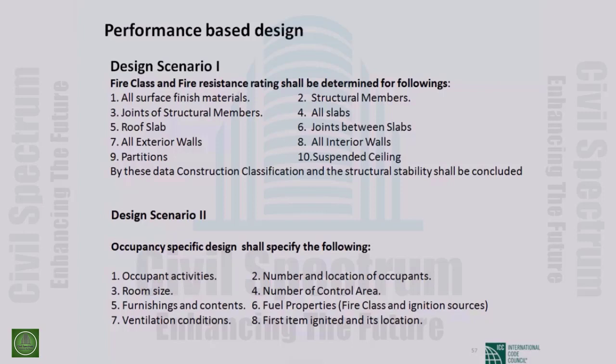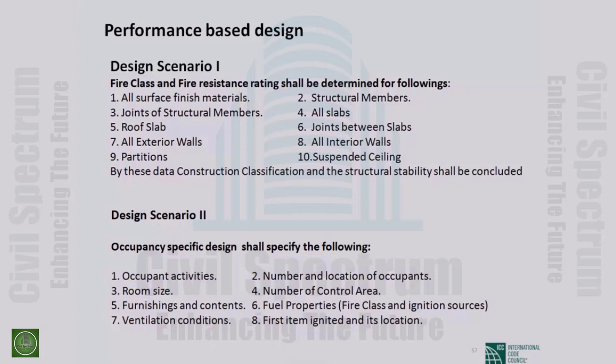Second scenario will be your occupancy specification, because depending on your occupancy, you have different combinations of fire extinguishing system and passive fire fighting system. You have already discussed that. So you have to be very careful about your occupancy.